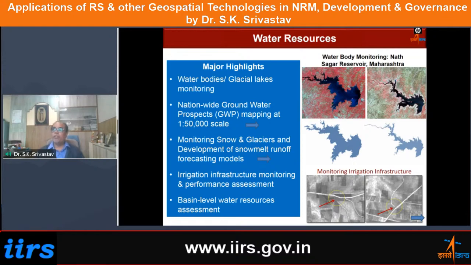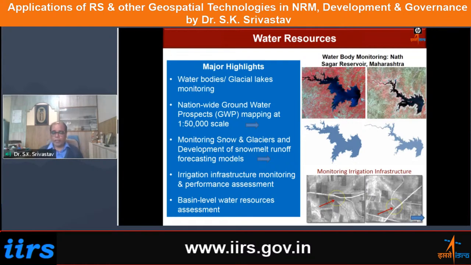So if we can derive the information about the rock type, structure, landform, and the recharge conditions, we can always integrate that information and come out with the inferences about the groundwater. So that is the basic hypothesis of groundwater prospects mapping.